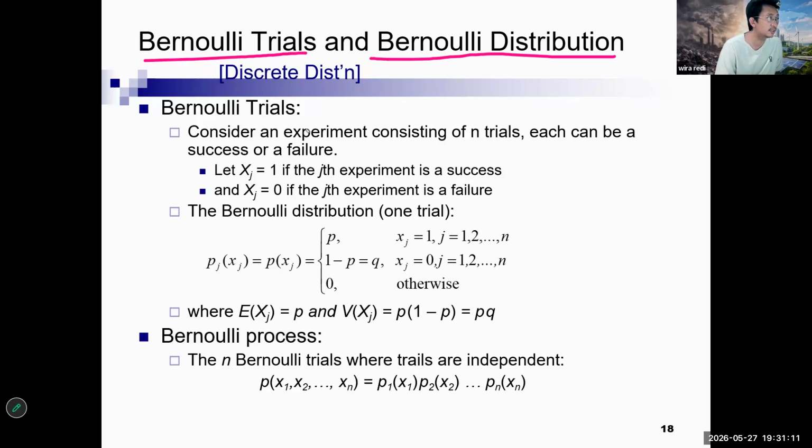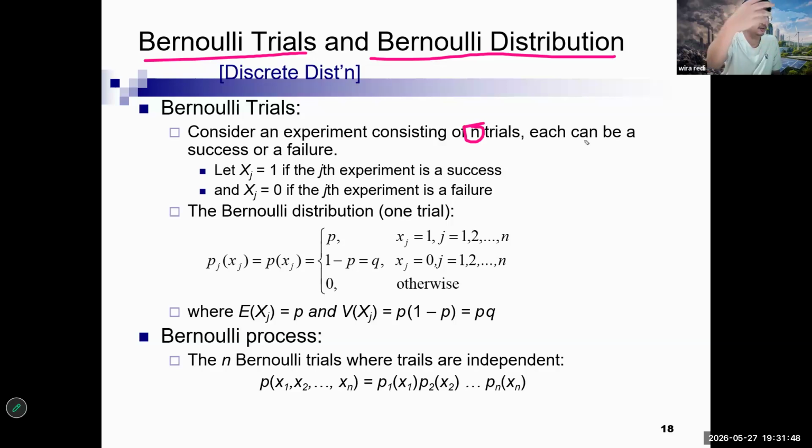The first one is the Bernoulli trials or Bernoulli experiment, the so-called Bernoulli distribution. Bernoulli trials are variables that consider an experiment consisting of n trials. If you experiment n times, you can count, from the n trials, each of which can be a success or a failure.